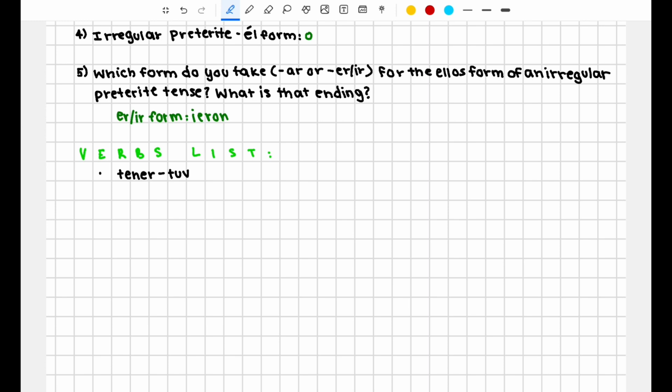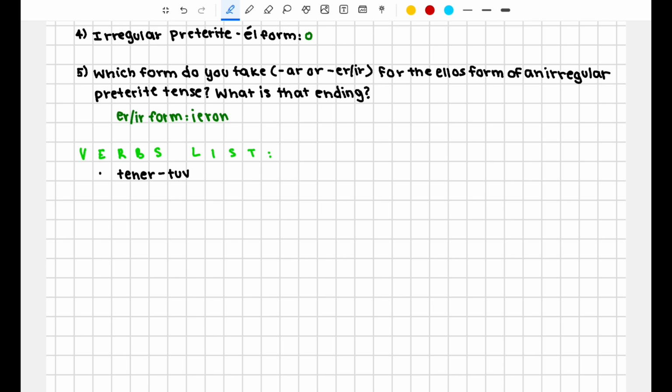Tener in the present tense also has a little bit of an irregular form. That's why we cover it separately. But in the preterite tense, it is also irregular. That means it's an irregular preterite tense verb. Of course, there's a new stem, tuv, and then you attach the irregular preterite tense ending that you need.